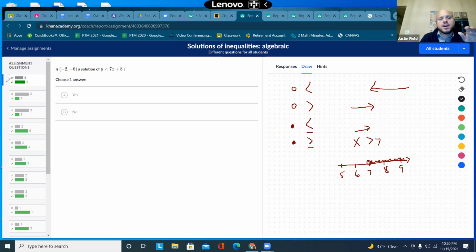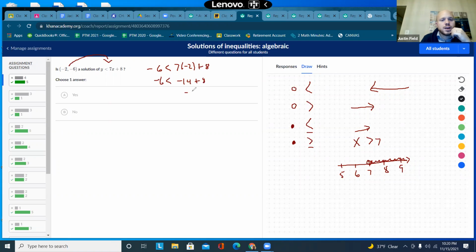Now we want to see if (-2, -6) is a solution to this inequality. So what do we do? We substitute it in. I'm going to put -6 in for y, and -2 in for x, and I'm going to calculate.